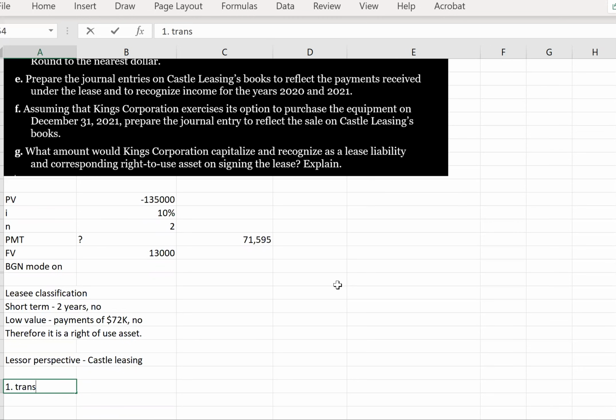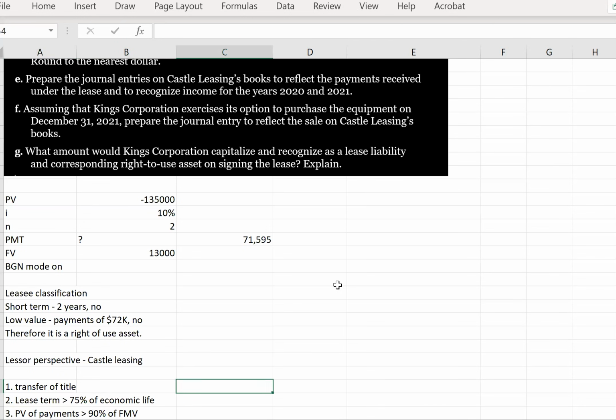We're looking for a transfer of title, the lease term being greater than 75% of the economic life, and the present value of the minimum payments greater than 90% of fair market value. So let's see if any of these criteria are met. Transfer of title, yes, met. We know that there is a guaranteed residual value, so there is going to be a transfer of title.